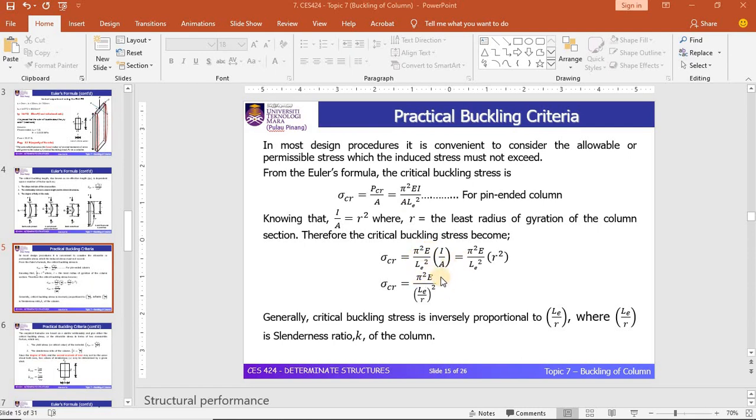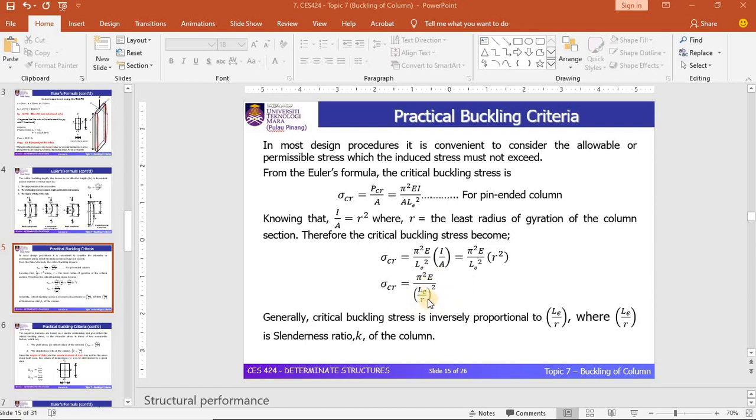We know that I over A is R square, so the equation is modified into this particular form, where it becomes pi square E over (LE over R) square.